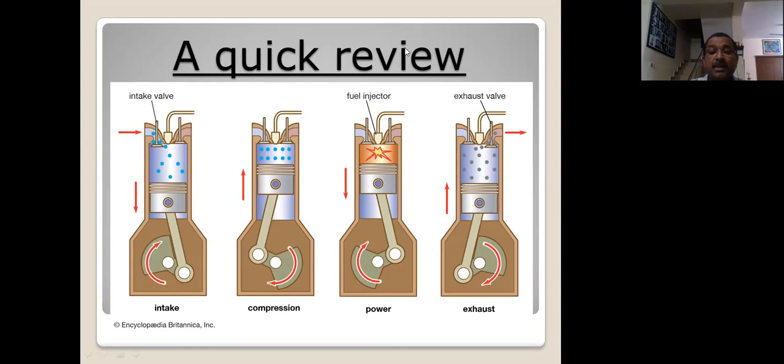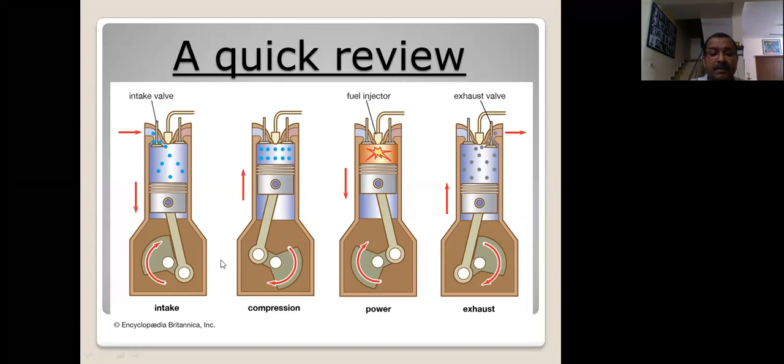Then in the third stroke, we will be injecting diesel into this compressed and heated air. So combustion will automatically take place, and the expanding air will push the piston downward. And in the fourth stroke, we will be opening up the exhaust valve and kicking out the combustion debris.